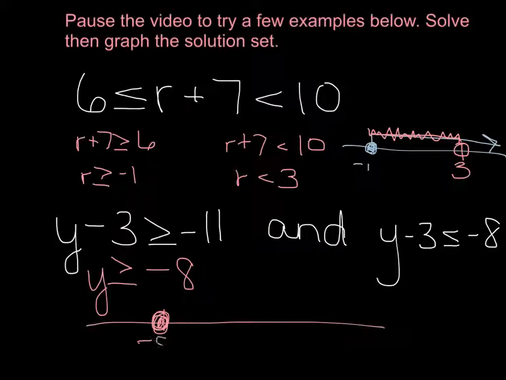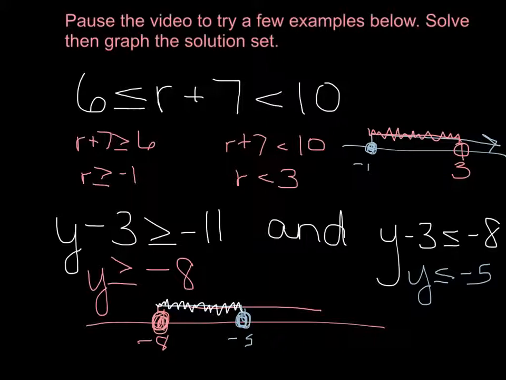So negative 8. And then the next one is y is less than or equal to negative 5. So you graph your negative 5, and it is including it. And everything less than that would go this direction. So that would mean that the number for y is somewhere between negative 8 and negative 5, and it could include both.